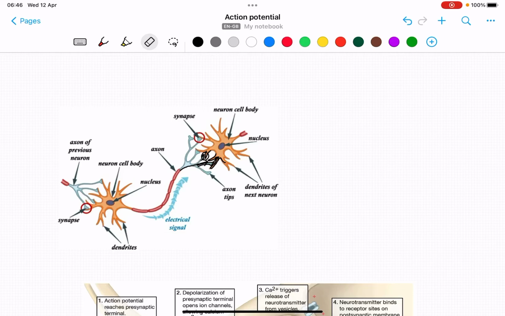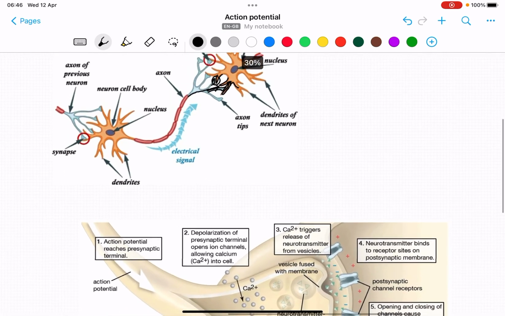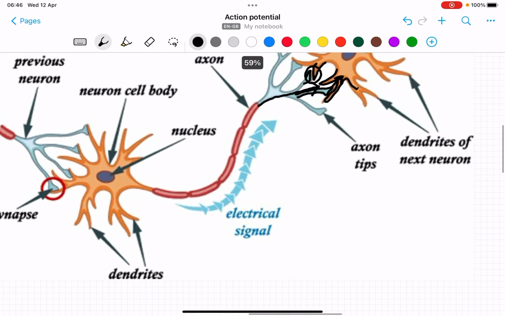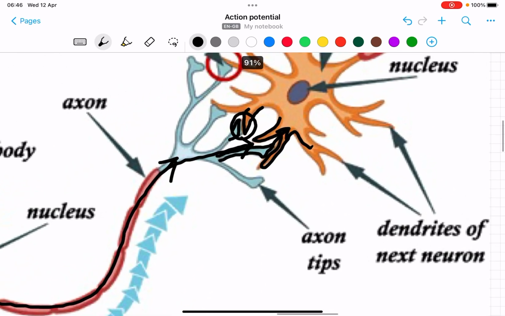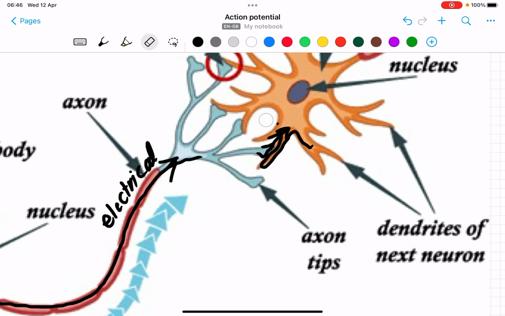Hi, now we're going to talk about another subtopic, which is synapse. What is synapse? Before this, we know that electrical impulse will travel along the axon in electric form.